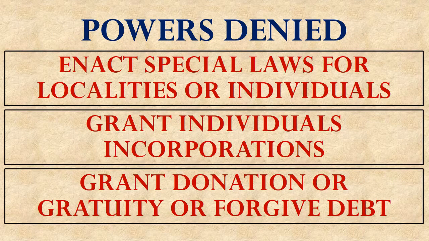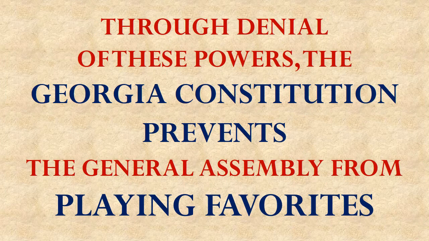So now we have these three examples. No special laws, no helping out the corporations, no giving anybody gifts. You take them all together and they seem to have a common theme of what's being denied here. Through the denial of these powers, the Georgia Constitution is preventing the General Assembly from essentially playing favorites. They can't single out one group of people or one community or one corporation or one individual for any sort of special benefits.